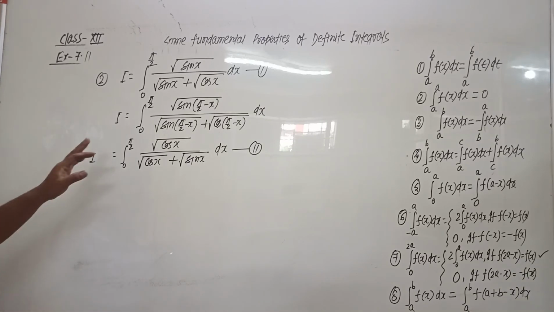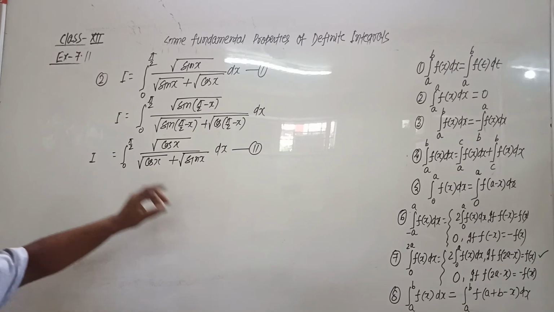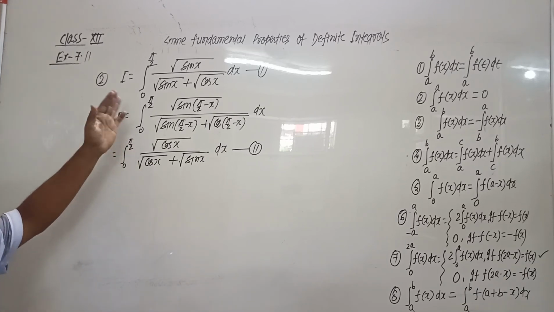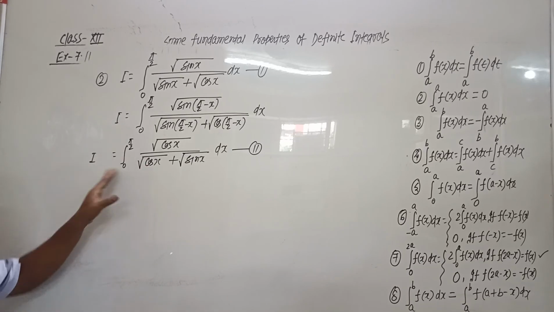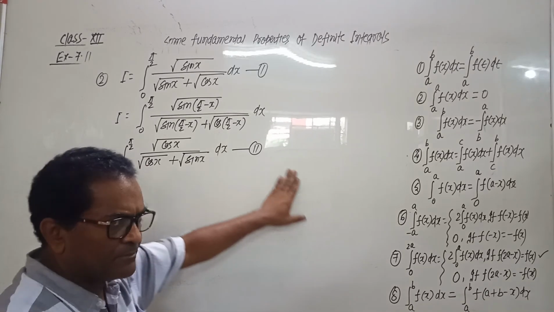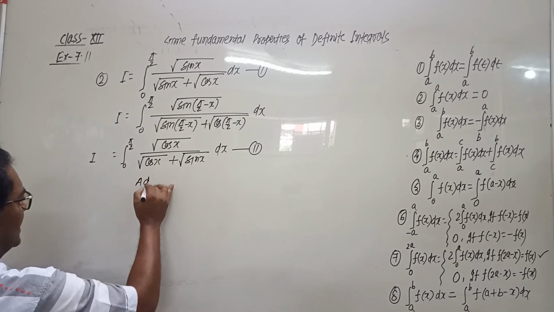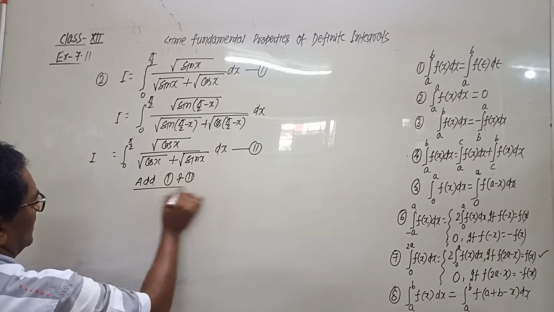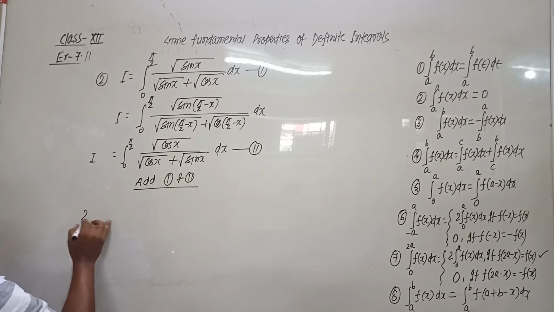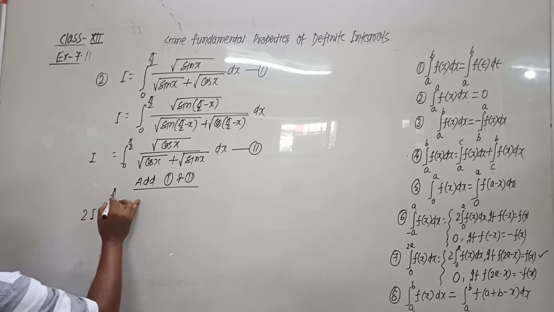This is the procedure. Firstly, we use the property on the question which was given, taking it as the first equation. After using the property, the equation that comes we make the second equation, then add first and second. So I plus I becomes 2I, and limit from 0 to pi by 2.